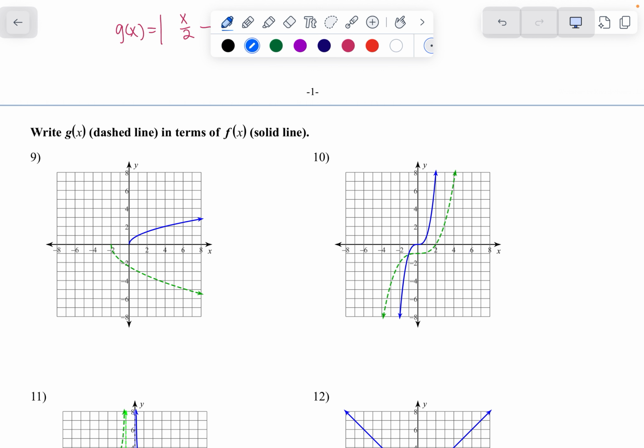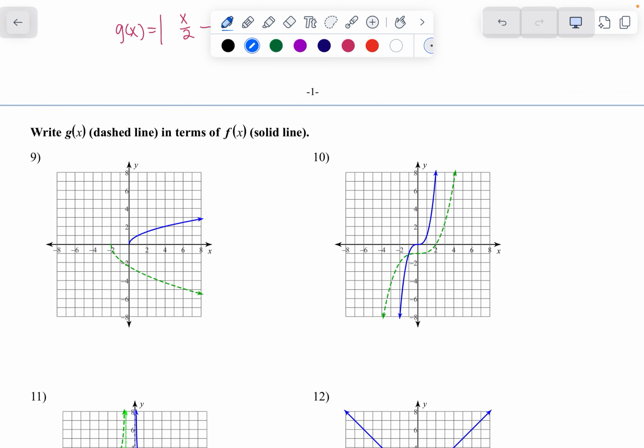Let's look at 11. So we got that original function is our parent reciprocal function. And what has happened to it? Well, this is kind of our center. It has gone up 2 and left 1. And then this piece flipped up, and this piece flipped down. So we still need a flip.